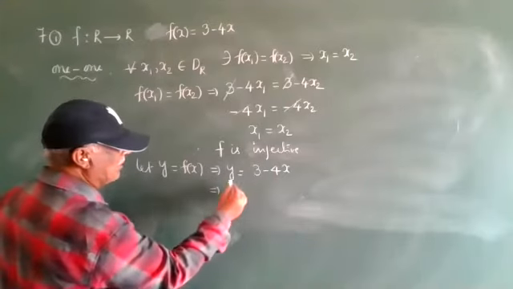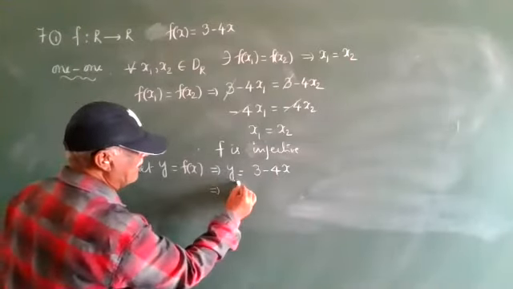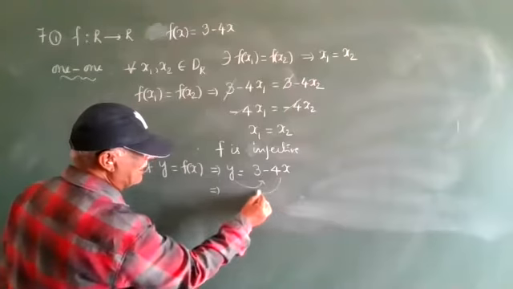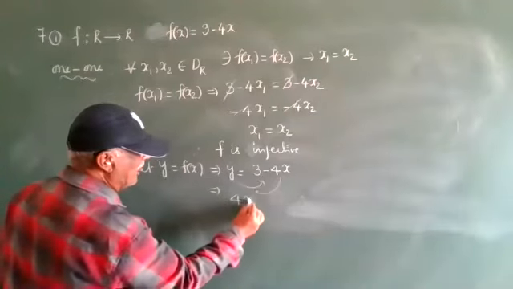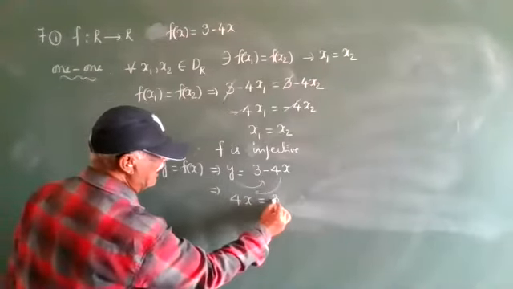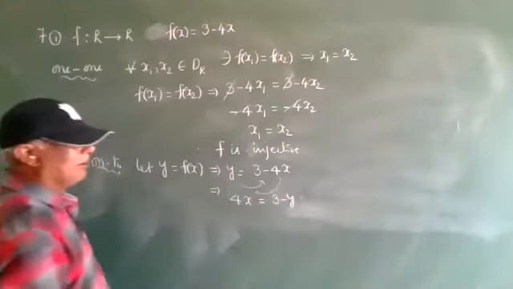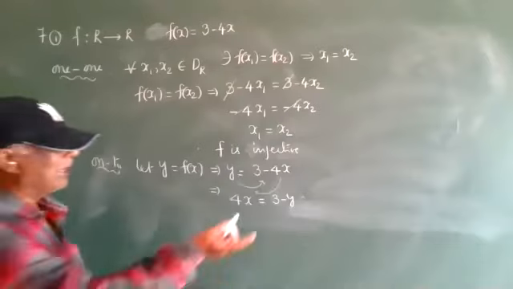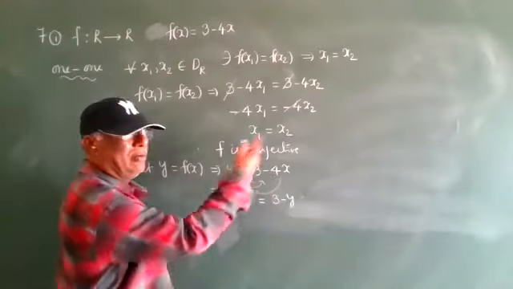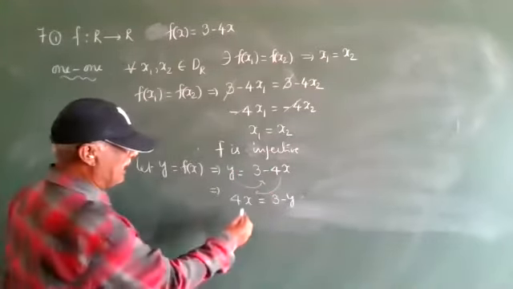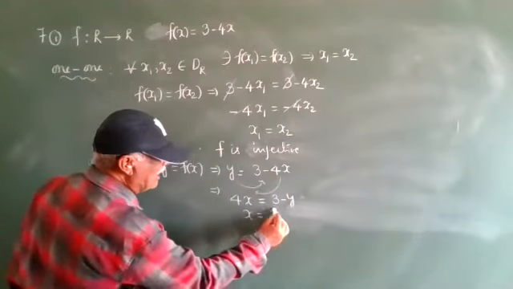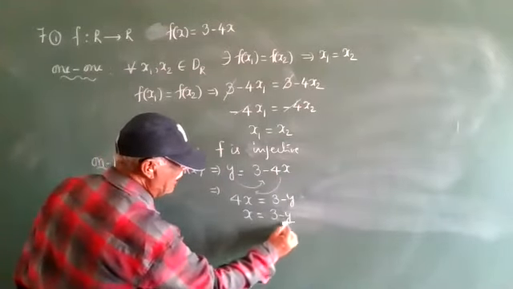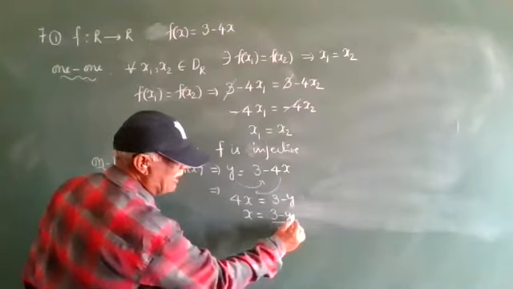So y bring on the left hand side, 4x on the right hand side: 4x is equal to 3 minus y. Then x is equal to (3 minus y) by 4, a fraction.